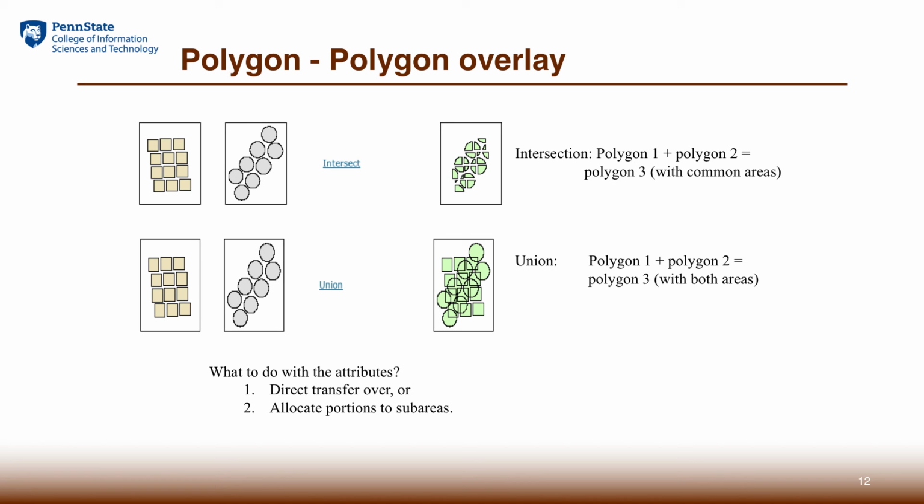Depending on the application or the subsequent analysis, you may be able to treat all these small polygons as a single feature that you can report together, or you may have to do some summary across different subsets. When you choose to do dissolve or non-dissolve, that's where we have the implications.